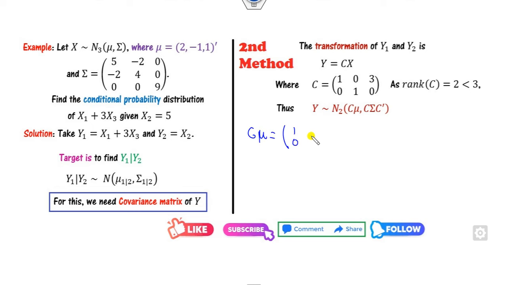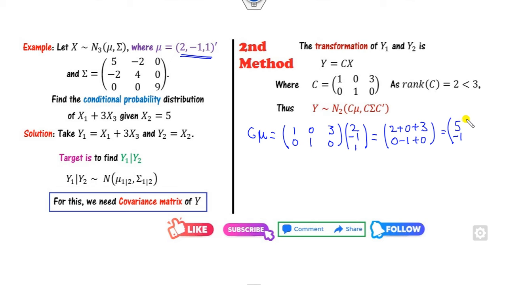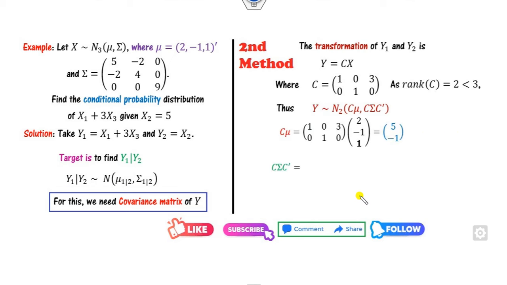So now you can find C times mu, where C is 1 0 3, 0 1 0, and mu is 2, minus 1, 1. Multiplying them gives 2 plus 0 plus 3, and 0 minus 1 plus 0. That comes to 5 and minus 1, which is similar to the previous method.